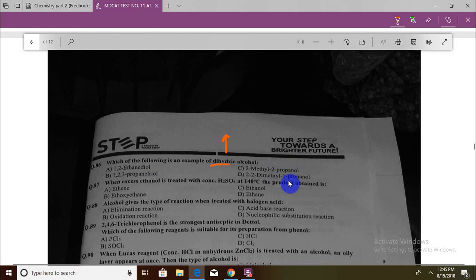And 2,2-dimethyl 1-propanol, again 1. So the answer is 1,2-ethane-diol. Now this has a common name, that is glycol. So you need to know the common name in case it ever comes up. And so glycol is a dihydric alcohol.